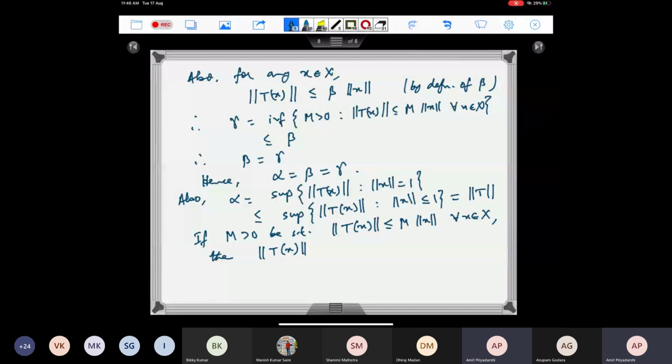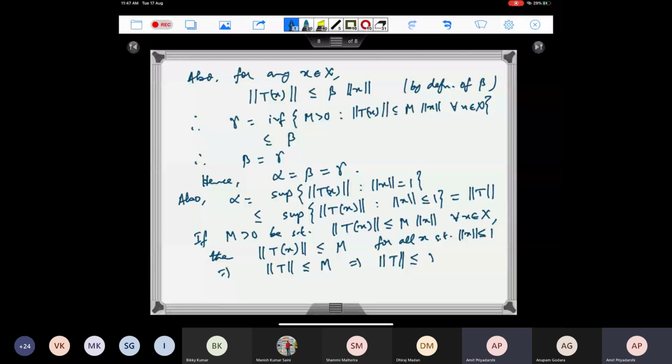So this will imply that norm of T, which is the supremum of all such things, will be less than or equal to m. So norm T is less than or equal to any m which satisfies this. So this will imply norm T is less than or equal to the infimum of all such m, which is equal to gamma. So norm T is less than or equal to gamma.